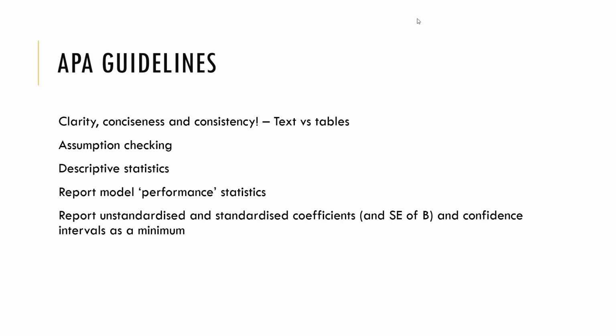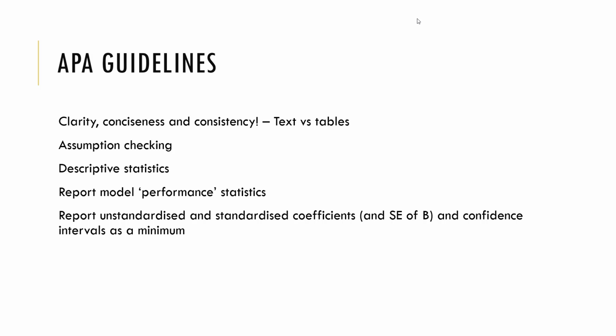So don't forget those. You should talk about things like the model performance statistics, or how good the model is at predicting, because that means we know how much weight to put on any relationships that you've identified between predictors and outcome. You know, how good is this at estimating your outcome variable?